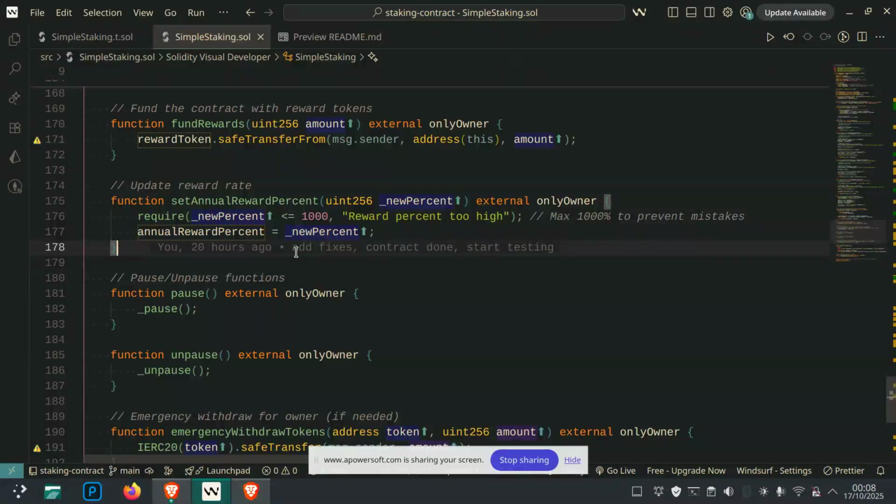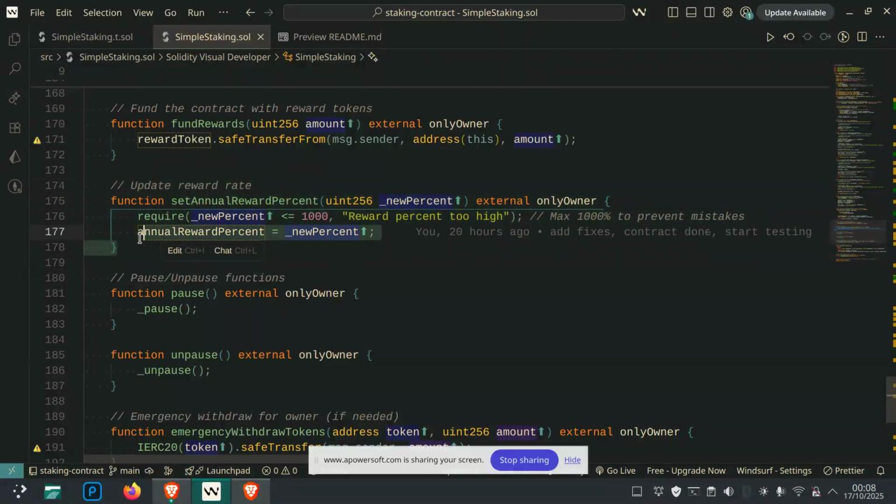So they keep their Ether expecting 10% return, but the owner changes the rate just before they claim their rewards, to 5 or maybe 1, so they were going to get 10% return, but since the owner had changed it, they will get 1% return. So this is not a very safe function.